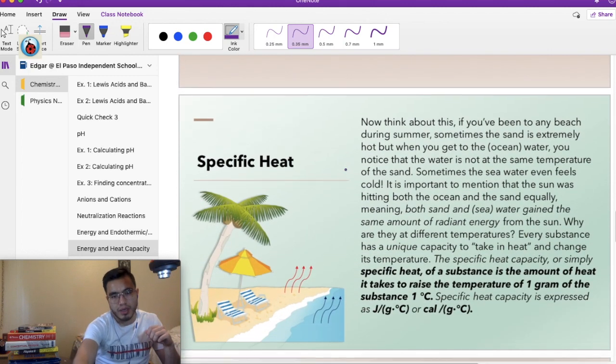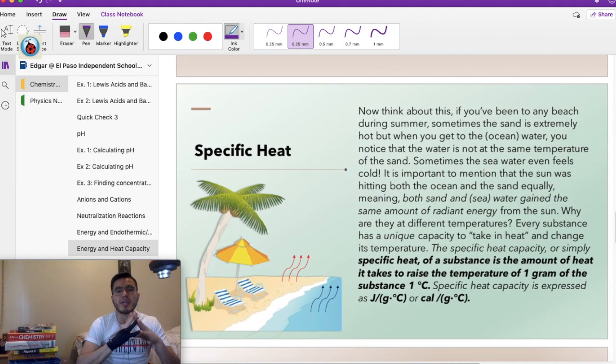Next. This is the topic, specific heat or specific heat capacity. The way I explain it is a unique capacity, a unique feature of a substance to take in heat and change its temperature. And this is the textbook definition.